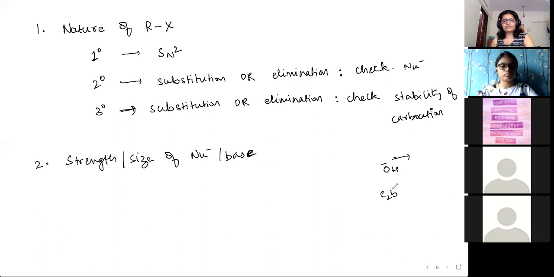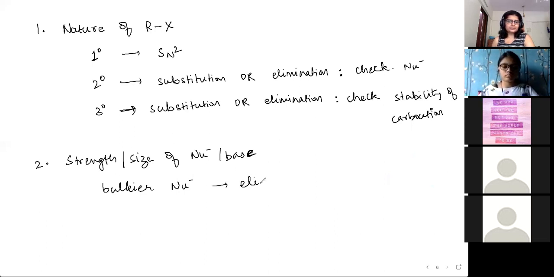But if you have C2H5O minus, this is pretty bulky. So that's another factor for elimination taking place. So if it is a bulkier nucleophile, you're going to end up with elimination, which is what is happening in the case of alcoholic KOH.